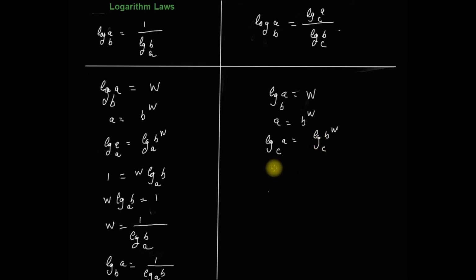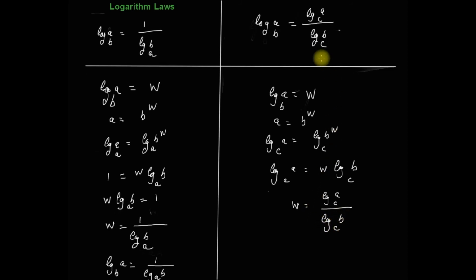And by the power law, I can write this as w times log base c of b. From here, I can write w is equal to log base c of a divided by log base c of b.